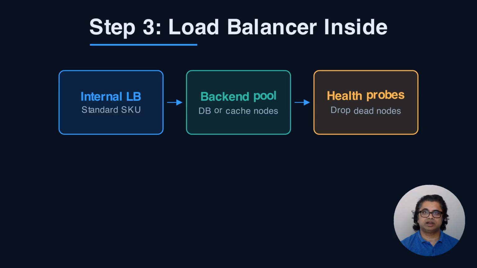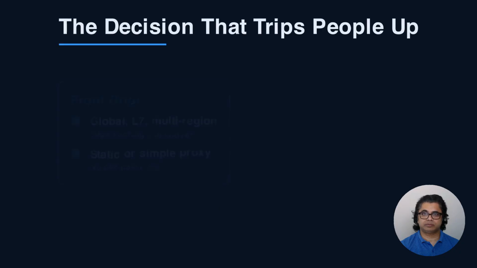It's cheap, it's fast, and it doesn't inspect payloads, which is exactly what you want for internal east-west traffic. Use the standard SKU, not basic, because basic is being retired and lacks zone redundancy and security defaults. Front Door and App Gateway never touch this layer. It's purely internal plumbing.